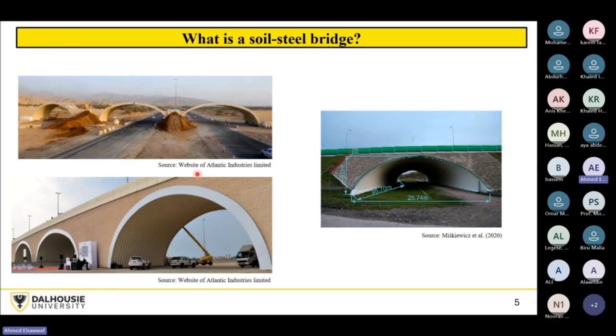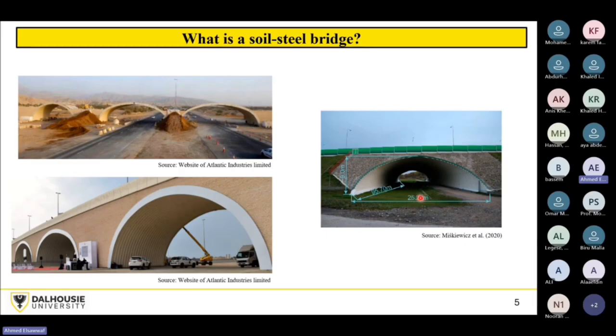This one on the left is the largest span soil steel bridge. It's in Dubai in the Middle East, with a span of 32.4 meters. And this one is the second largest span. It's in Poland in Europe, constructed in 2017 with a span of 25.74 meters.